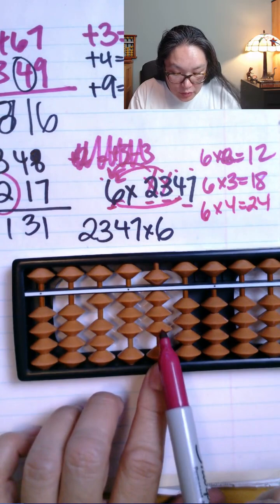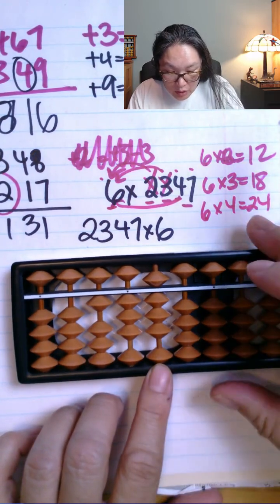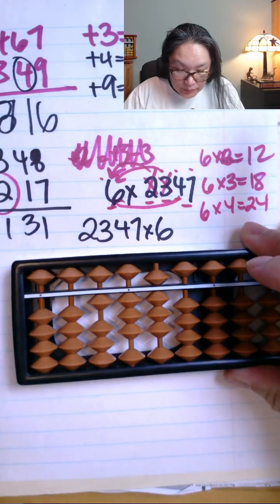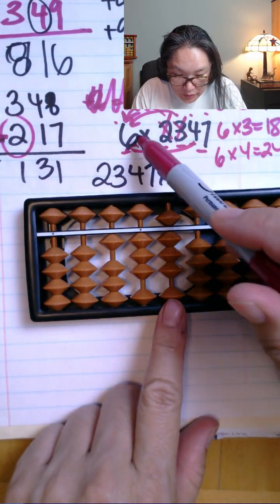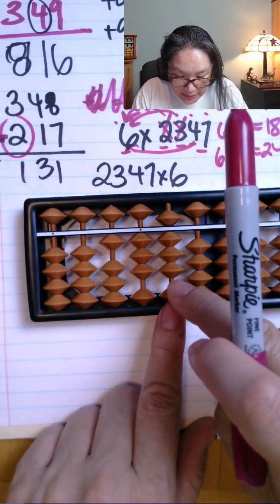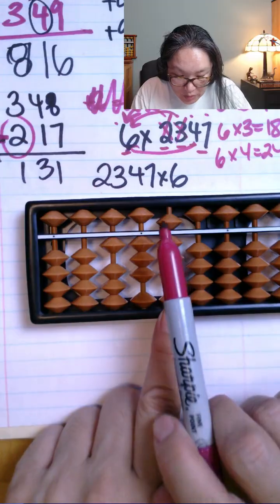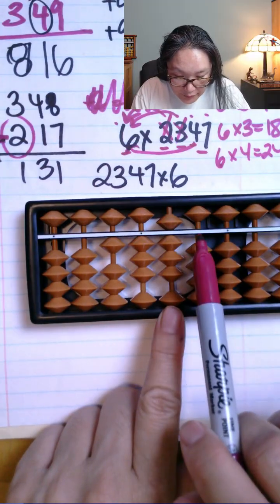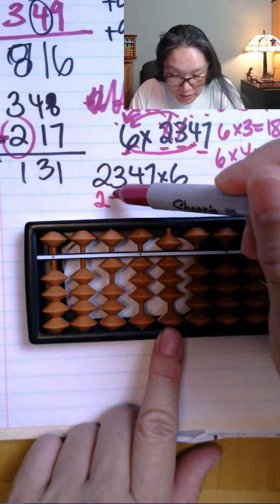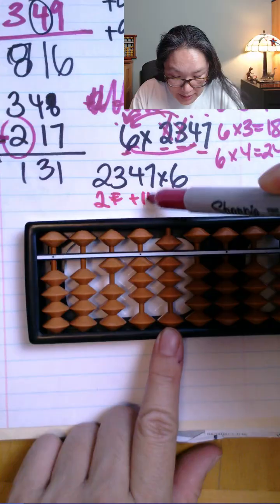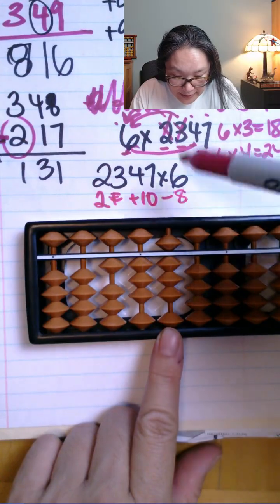So I add the 2. Cannot add the 2. What do I do? I need to add the 2 here, right? Because it's 24. Add the 2, add the 4. Cannot add 2. Plus 2 is equal to plus the 10 minus 8.